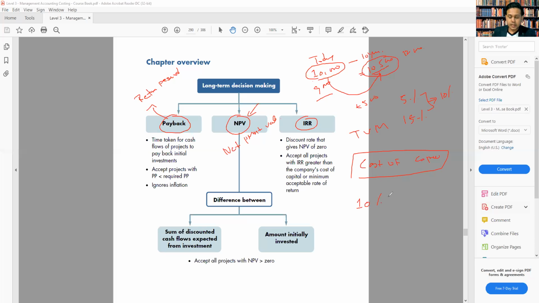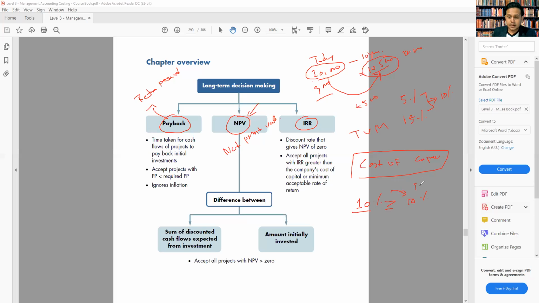Then my return needs to be more than 10%, because if my cost is £10 and I sell it for £10, I'm not making any profit. If I buy something for £5 and sell it for £5, there is no profit for me. So if my cost of capital is 10%, the return has to be more than 10%.